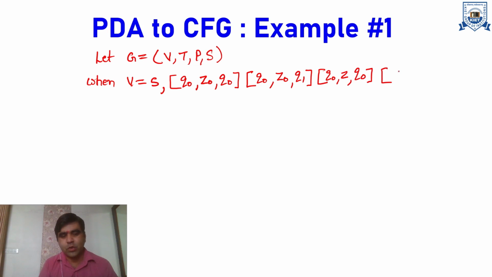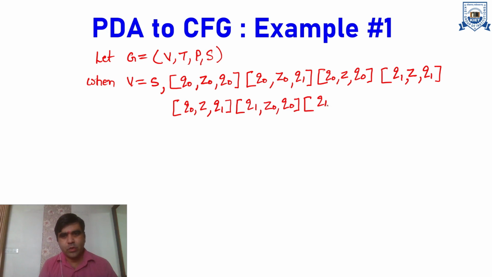Another is Q1, Z, Q1. Another is Q naught, Z, Q1. Another is Q1, Z naught, Q naught. Another variable is Q1, Z naught, Q1. Another is Q1, Z, Q naught.